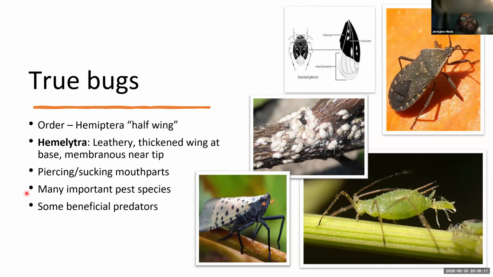They have many pest species in this group, but there are also many beneficial species that are predators, and you'll see a good example of that next week. So your true bugs include things like scale insects, spotted lanternfly, squash bugs, brown marmorated stink bugs, aphids, and other insects.